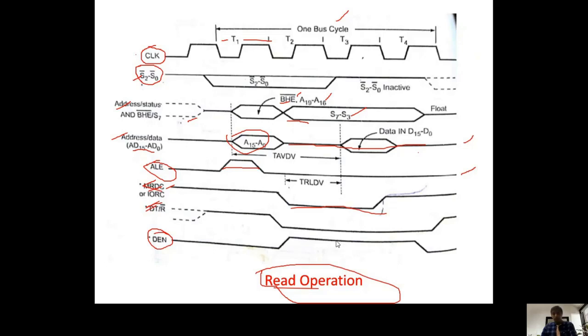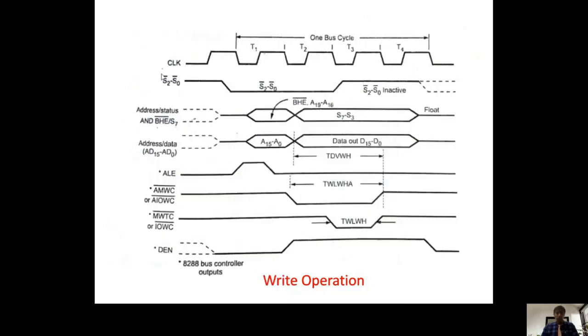That's the difference. Similarly for the write wave, clock is essential and should run from T1 to T4, so this is optional here. Coming to address lines, here also multiplexed address and status and BHE bar/S7, then address and data lines. All these 21 multiplexed lines are there. Before T1 they act like multiplex.